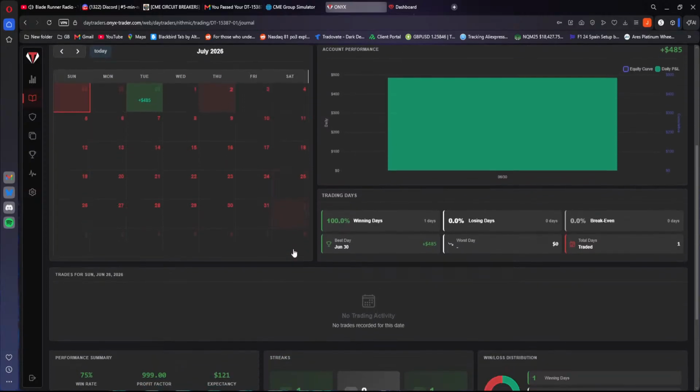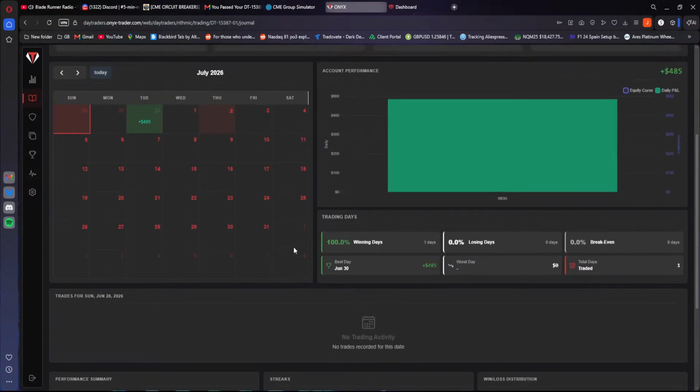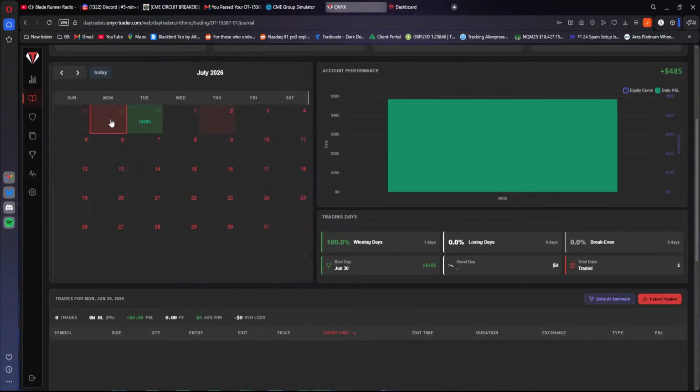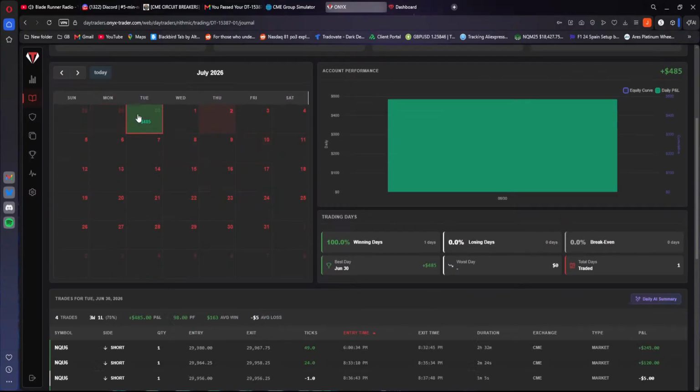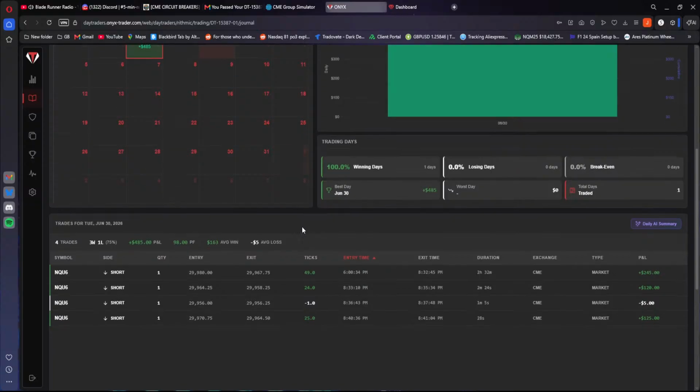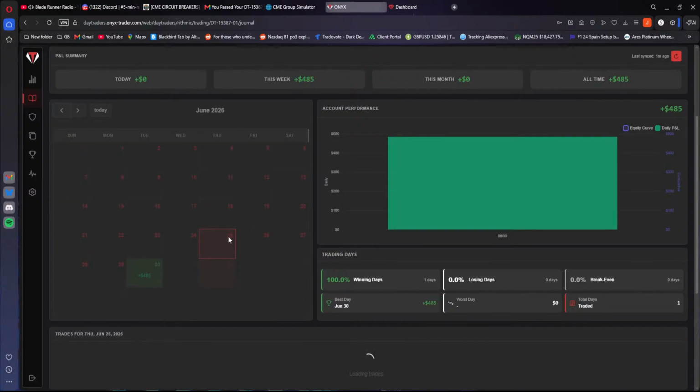Hold on. Trades for Sunday, Monday. No trades for Monday. Trades for Tuesday. This is so weird. Did I have it before? I'm genuinely confused. I really am.